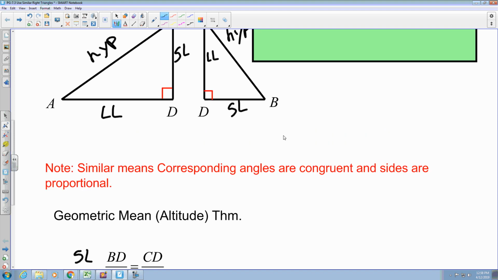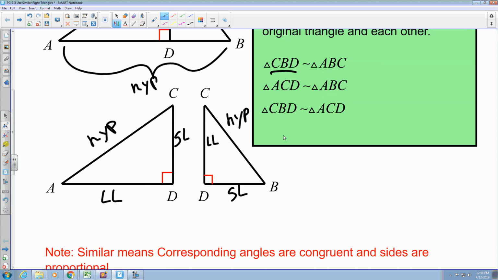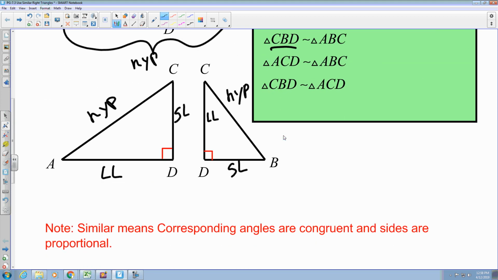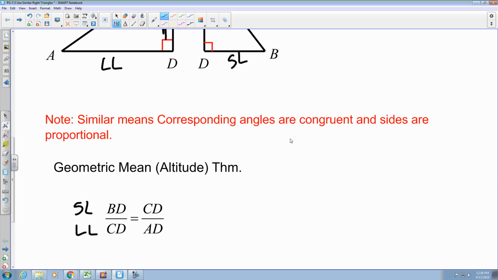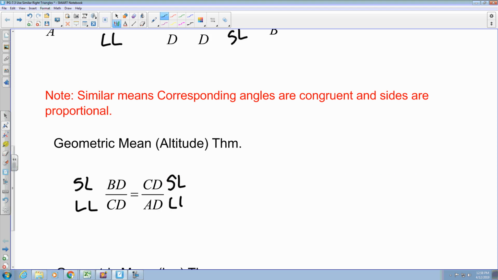And if you look at CD here, this is the short leg, and AD is the long leg. So if you look at how they set this up, all the short leg values are in the numerator and all the long leg values are in the denominator. They're consistent throughout the entire proportion.